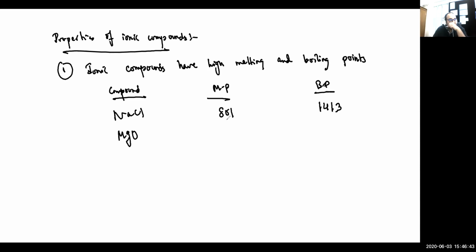Magnesium oxide, 2852 and 3600. So you can see there is a difference between the melting point and boiling point of sodium chloride and magnesium oxide.